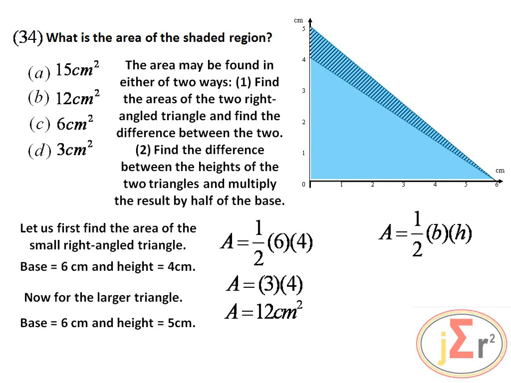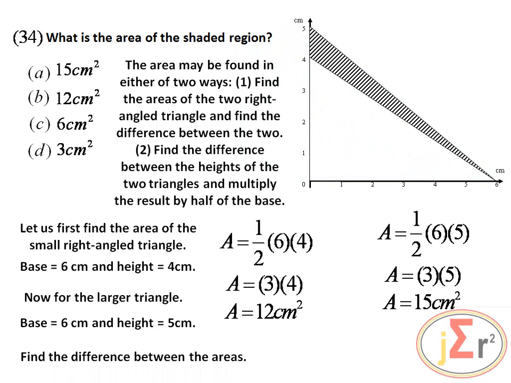So we don't need to reinvent the wheel. So the base of this one is 6 centimeters as before, but the height is all the way up to 5 centimeters. Do the same thing. Half of 6 is 3. 3 multiplied by 5 is 15. So the area is 15 centimeters squared.